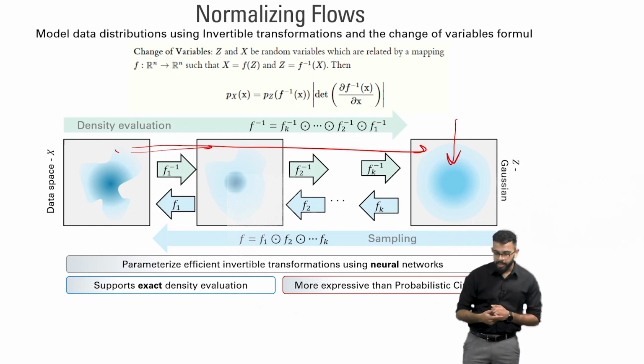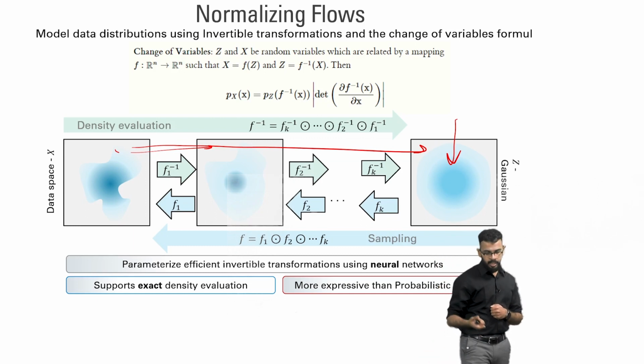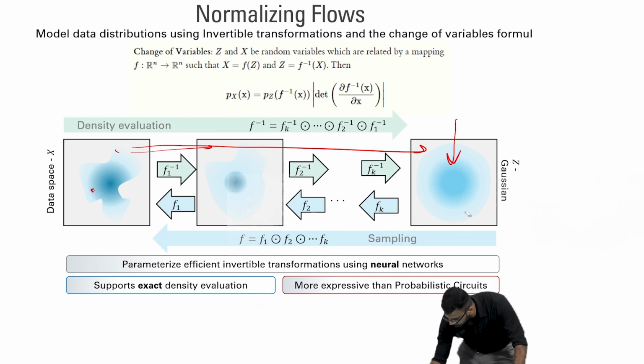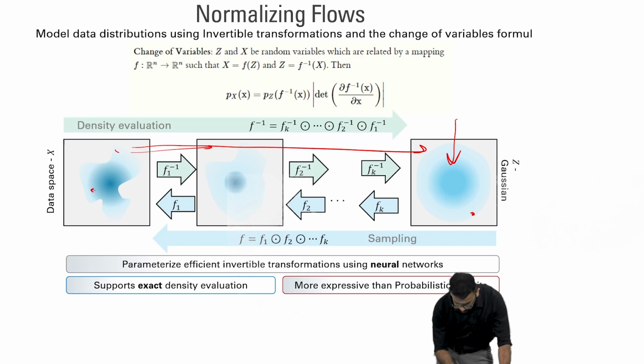Why? That is coming from the change of variables formula. What the change of variables formula tells you is that if you want to find out what the density associated with, say, a data point here is, what I can do is look at what the density associated with that data point is in the Gaussian space. Let's say that when I apply this complex transformation, my space warps in such a way that this data point here gets transformed to something here.